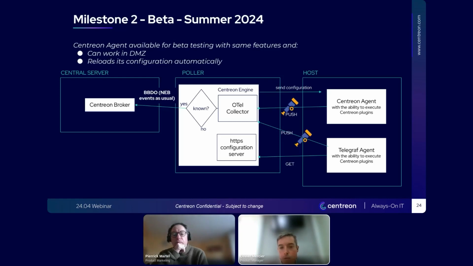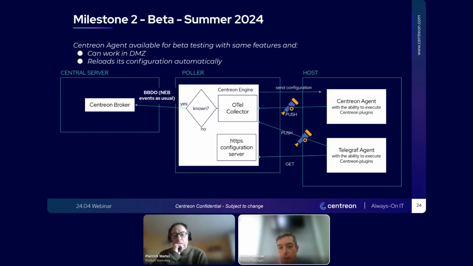So the limitations that we will fix are these two, with an agent that will be able to connect to Engine or to be connected to by Engine.